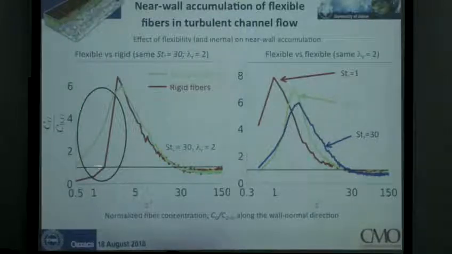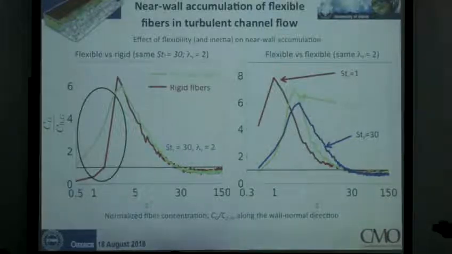And as you can see, the main difference that we notice is that the flexible fibers, the green curve here, can accumulate more easily very, very close to the wall. So we are here within 2 wall units from the wall. It's a very thin region inside the viscous sublayer. We are still investigating this in detail, but we think this is due to the interaction that these fibers have with the wall.